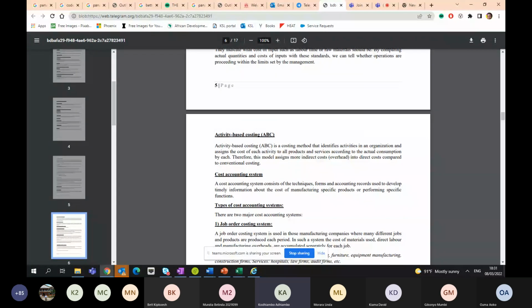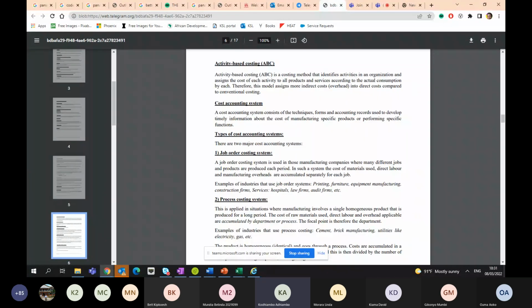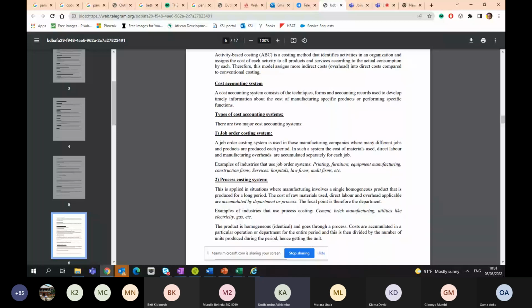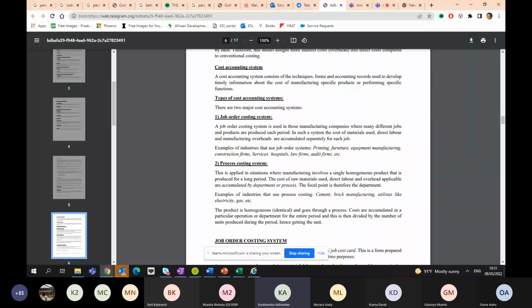Then we have cost accounting. Cost accounting is basically the whole process of figuring out what the cost of manufacturing products or performing specific functions is. There are so many different ways of looking at it. So how do I determine this? There are two ways: job costing and process costing.